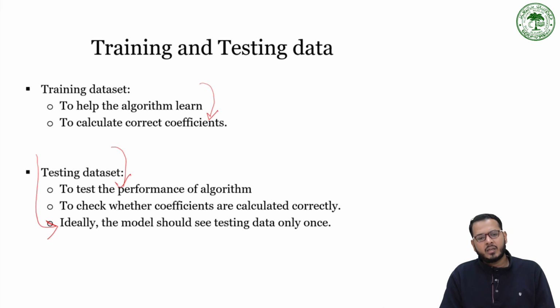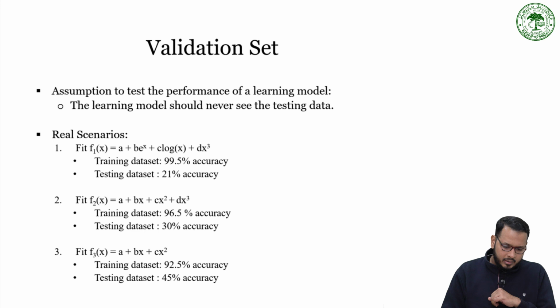That is, the model should not see testing data again and again, because then there is a fear of fitting not only the training data set but also the testing data set. Let's see how, and it leads to the concept of validation set.